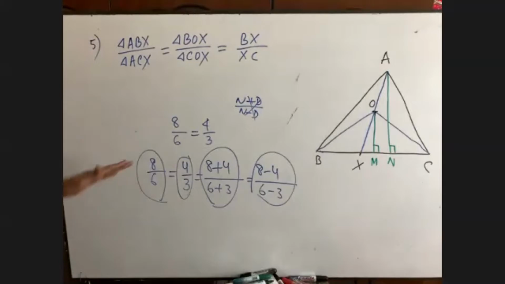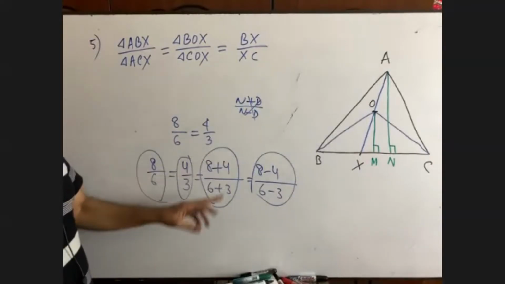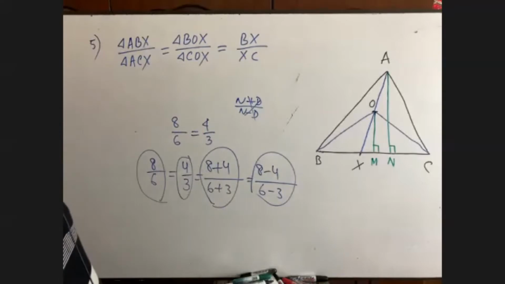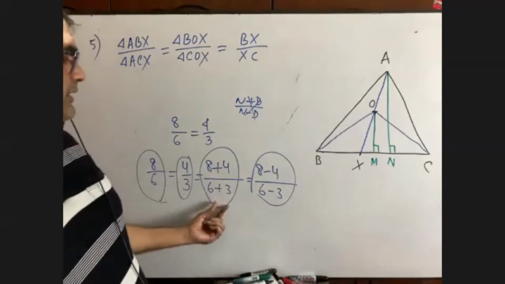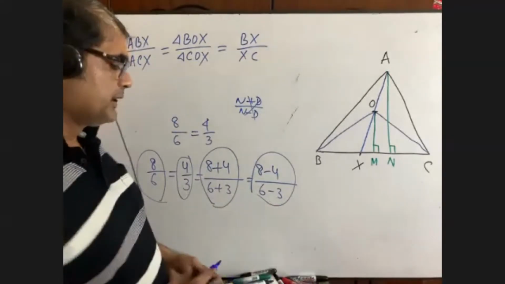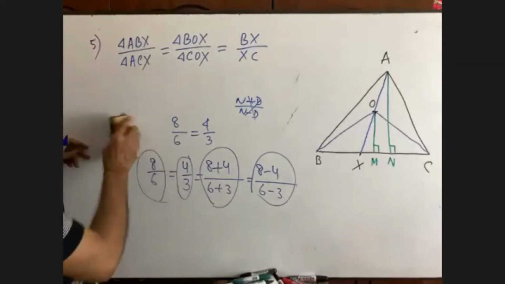So we can add, we can subtract numerator to numerator and denominator to denominator. The numerators have been added, the numerators have been subtracted. The denominators have been added, the denominators have been subtracted, right? This is a formula, but you don't know it.